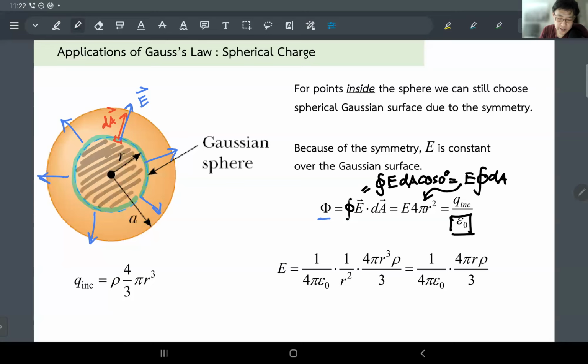With me? You don't want them all, because the amount of charge that is outside this Gaussian sphere will not be taken into account. Gauss's law says the total amount of flux only depends on the charge inside that closed surface. Whatever is outside, don't care. So how much charge is here, guys?